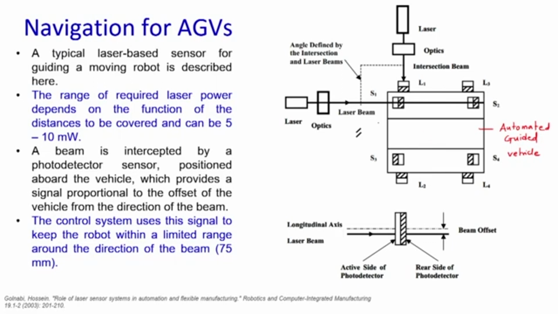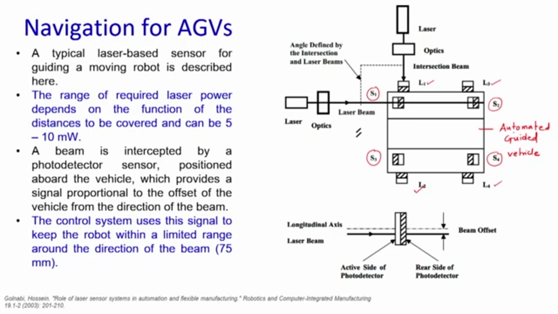Sensors S1, S2, S3 and S4 are the onboard sensors, and the sensors L1, L2, L3 and L4 are attached at the side surface. The functions of these two sets of sensors are entirely different, but their principle of operation is very similar.